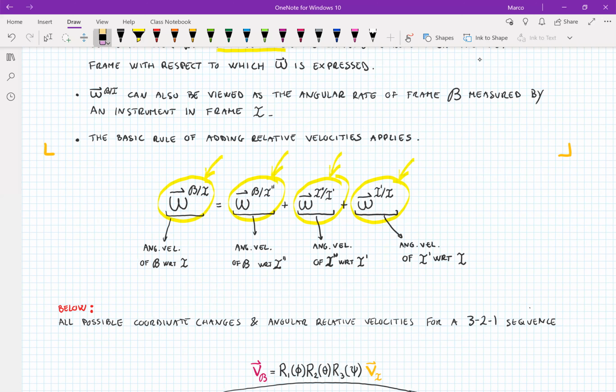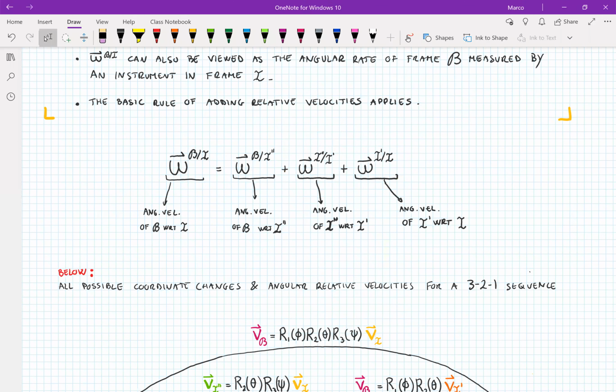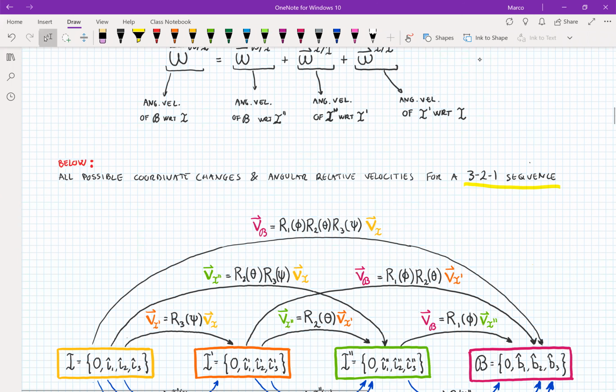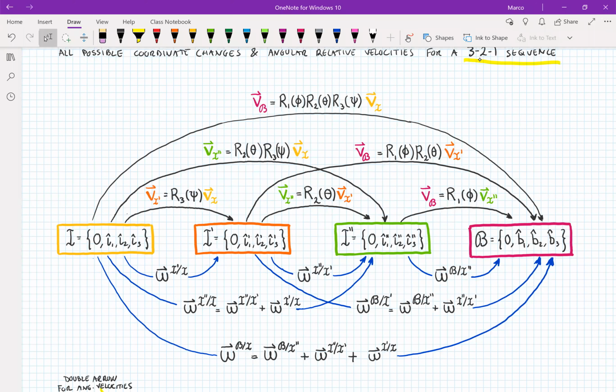And now I'm going to show you a summary of all possible, I would say, coordinate changes and angular relative velocities for the specific 3-2-1 sequence of rotation. And so now it will probably make more sense why we use the I prime and I double prime. So this might look complex at first sight, but it's really meant to simplify things, believe it or not.